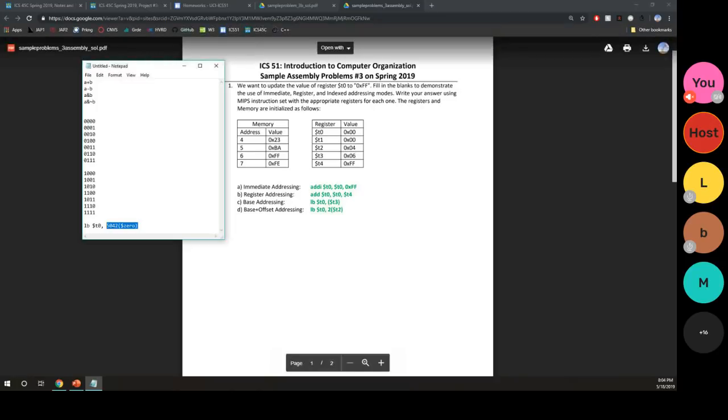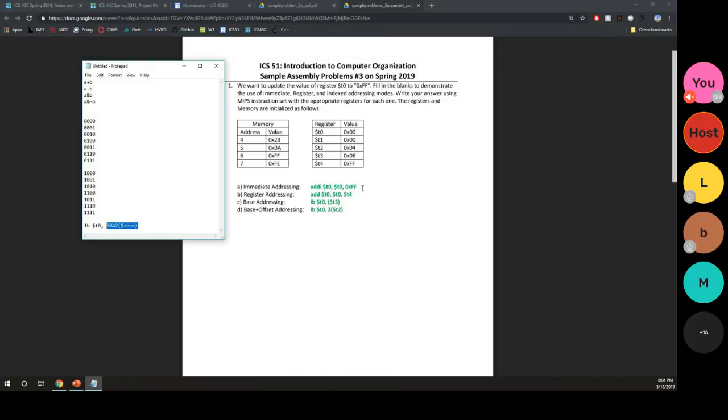And then someone was asking earlier. Yeah, Paprika, you were asking earlier, for the first one, if they would accept load immediate, like LI T0 0xFF. Kind of, maybe.